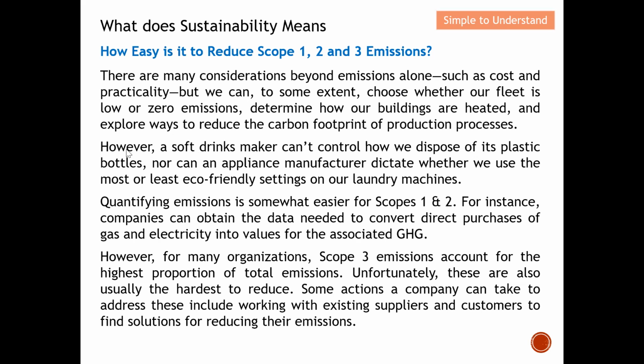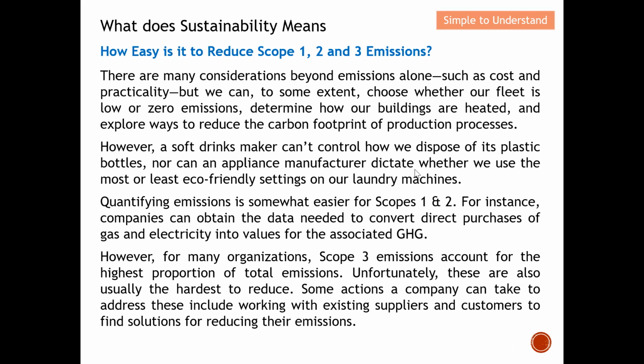Okay, how about scope 2? For example, for a soft drink maker, they can't control on the consumer side how they dispose of their plastic bottle. For example, if we don't recycle, we just discard it after we drink from the plastic bottle, and it becomes non-sustainable. Another example is whether we use the most or least eco-friendly setting on our laundry machine.